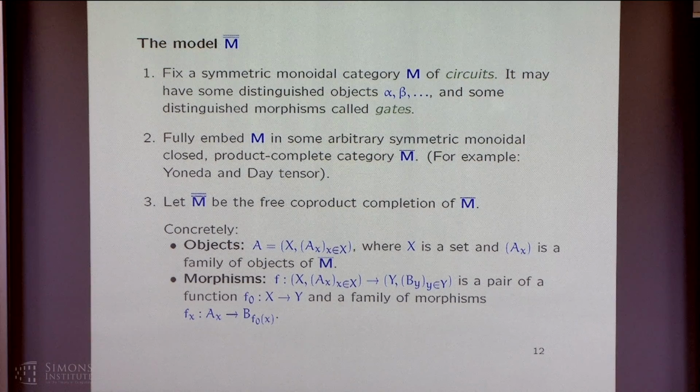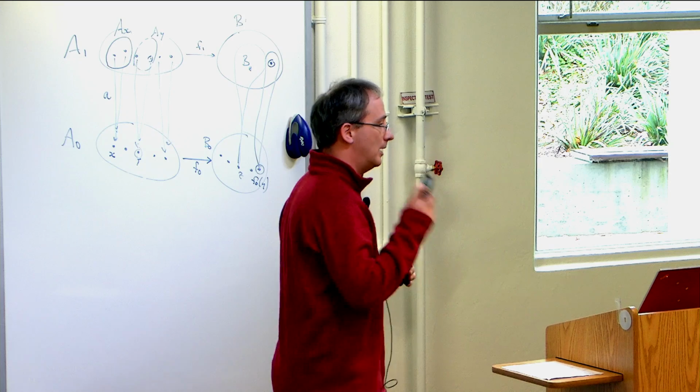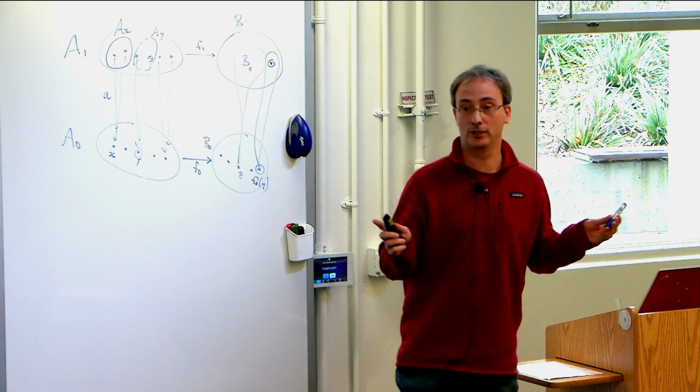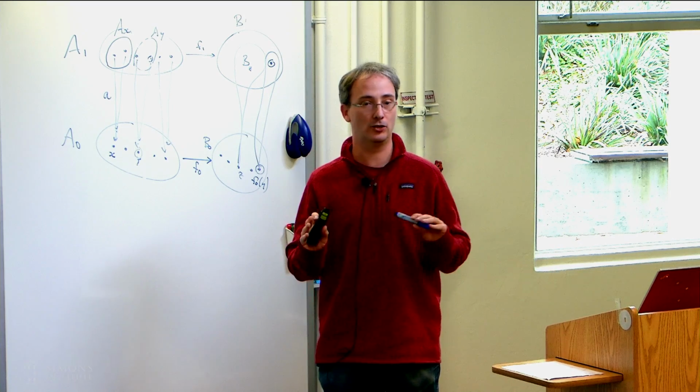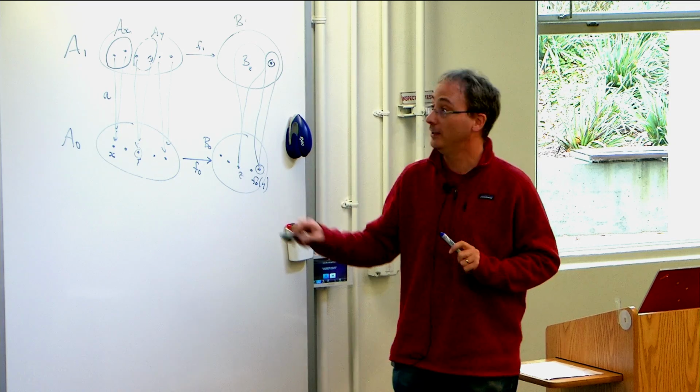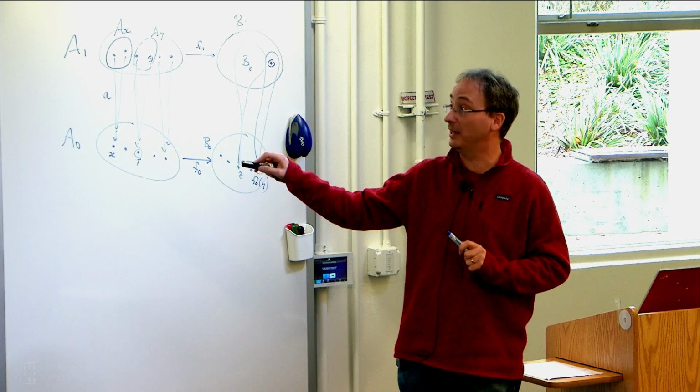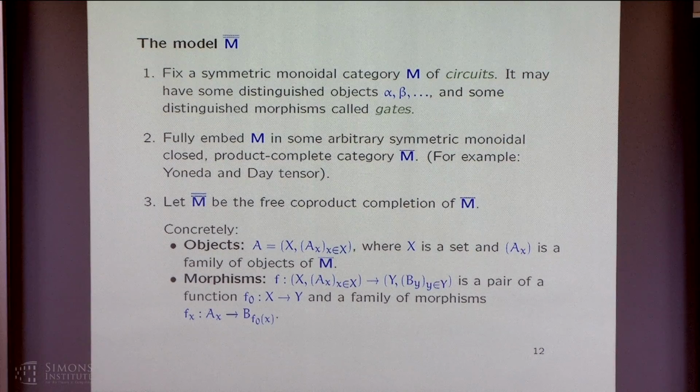At the end of the talk, someone will ask, is the model fully abstract? Because everyone feels obliged to ask a question like that. But full abstraction, while it's of great theoretical interest, has no practical application whatsoever. And the proof is, whether or not it's fully abstract depends entirely on how you chose this category M bar. If you choose it freely, then it will be fully abstract. If you choose the Yoneda lemma, it will be manifestly not fully abstract.